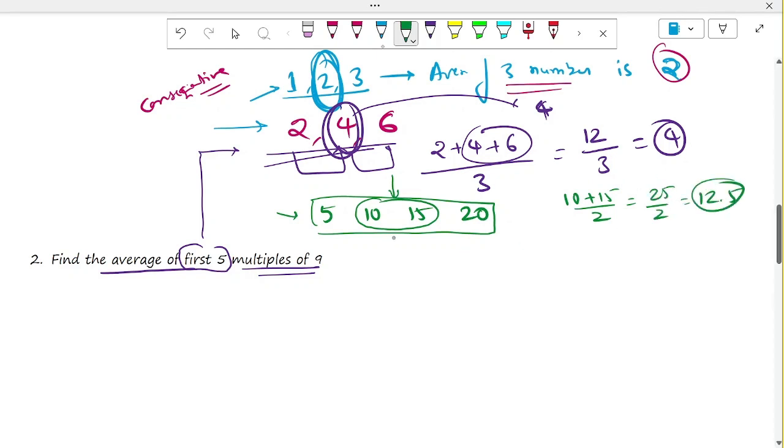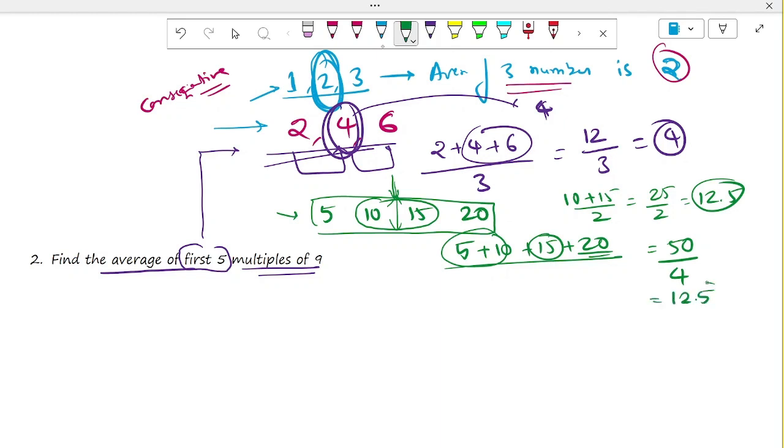If you want, you can verify the average. So 5 plus 10 plus 15 plus 20. This is 15, 15, so 30. 30 plus 20 is equal to 50 divided by 4. And obviously you will get 12.5.